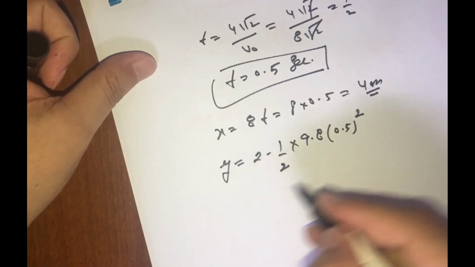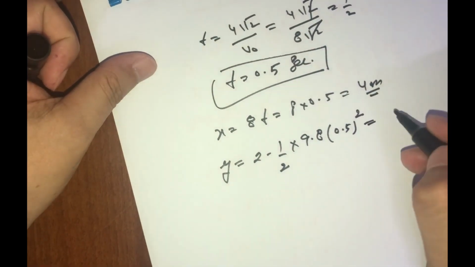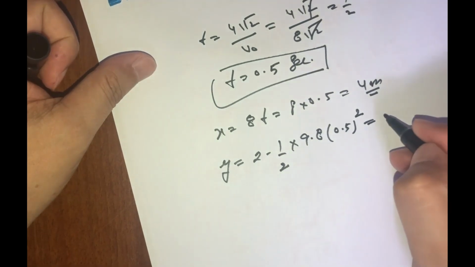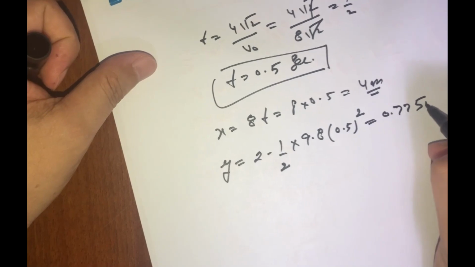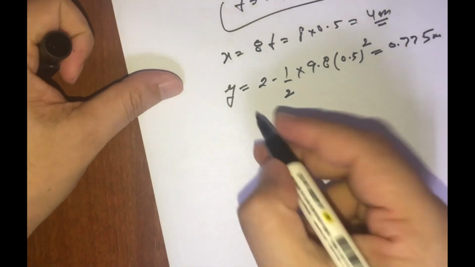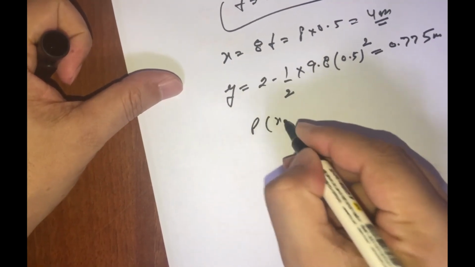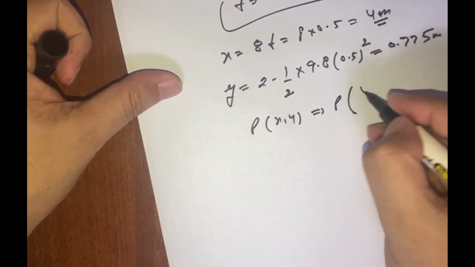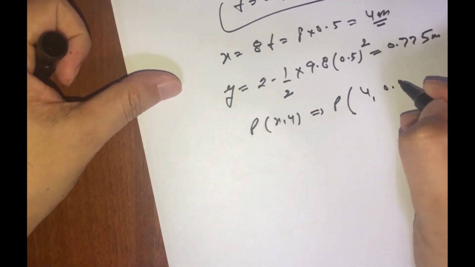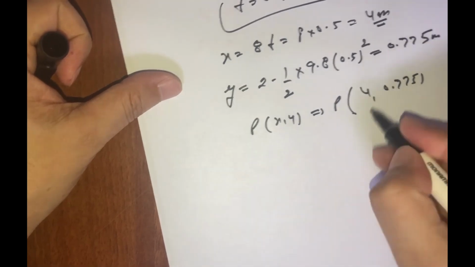So this will be equal to 0.775 meter. So we can say that point P, whose coordinates are given by x, y, will be represented as (4, 0.775).